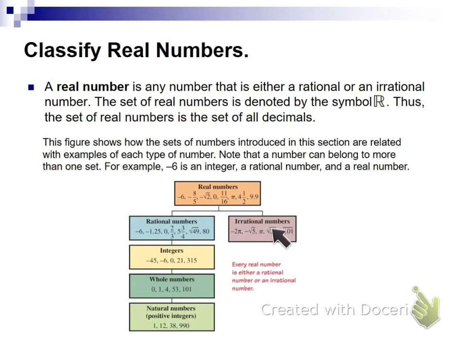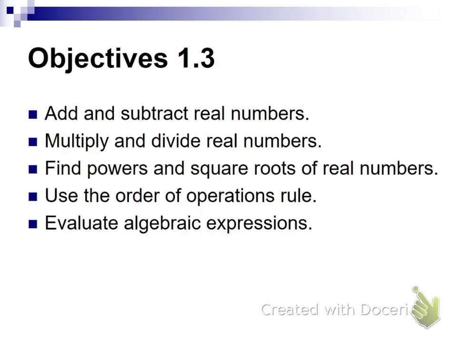They keep on going, like pi or the square root of 101, which is 10 point, and keeps on going. Whereas rational numbers can be written as a fraction. The subsets are integers, a smaller subset is whole numbers, and the smallest subset is natural numbers. I think that's a good diagram for us to see to make sure we're good with that.